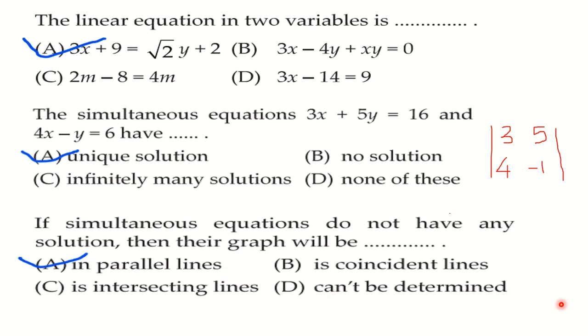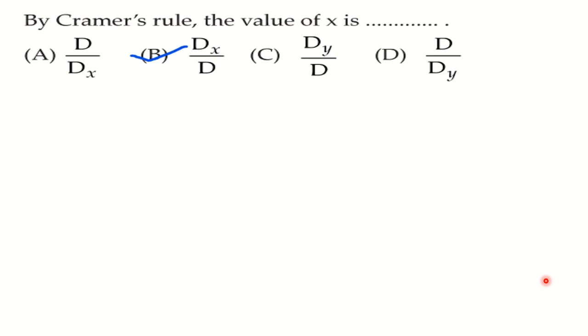Since they are parallel, they are having no solution. So here 'can't be determined' will not come, because we have the correct answer, parallel lines. Okay, so you have to keep this in mind. If you want, you can note this down. For infinitely many solutions, the graph is coinciding lines. For one solution, it is intersecting lines, and for no solution, it is parallel lines. Okay, so this way you have to think and write down the correct answer of the MCQ.